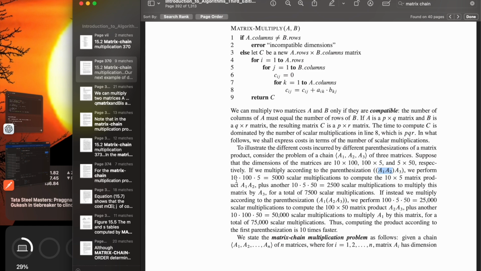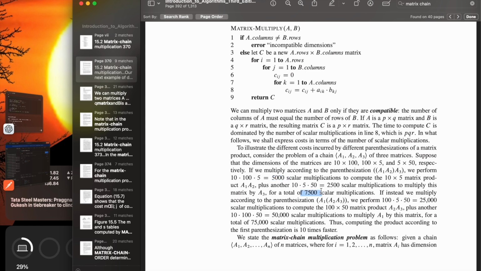Okay, then that means 10 into 100 into 5. Okay, that means 5000 scalar multiplications. Then we multiply the result of these two matrices to this matrix, then another this much. So total cost will be this.